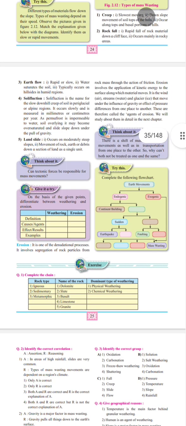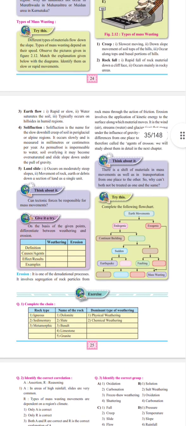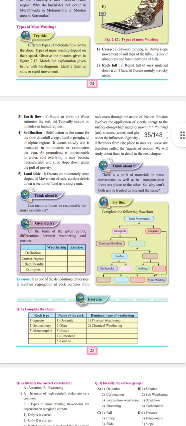Our last topic is erosion. We already learned that weathering breaks rocks into smaller pieces and mass wasting moves materials downhill due to gravity. But erosion is slightly different. Erosion is the removal and transportation of rock particles from one place to another.